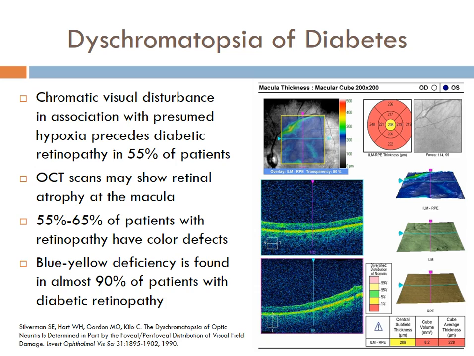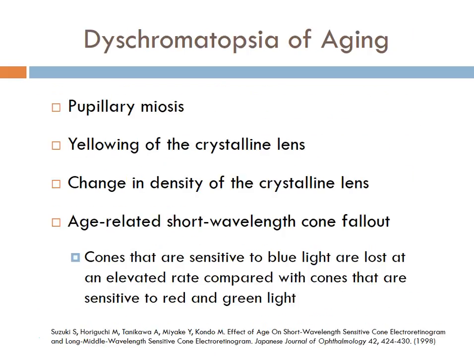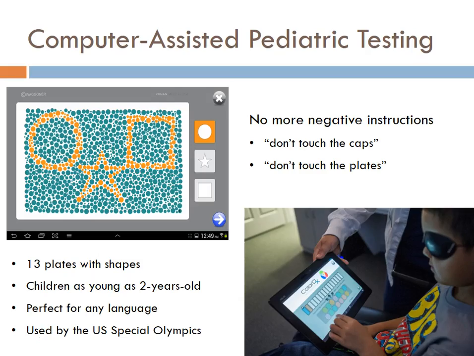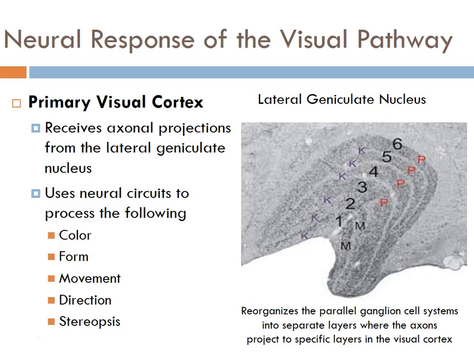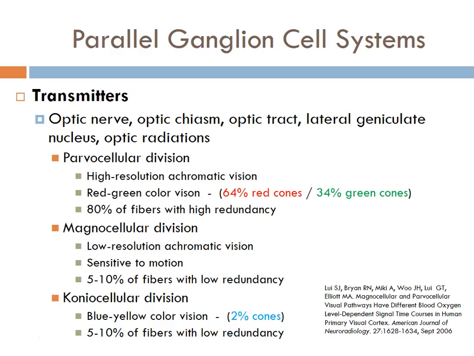And we just talked about why. Because of the low redundancy of the blue-yellow pathway right here. See, only 2% of the cones are transmitting blue-yellow vision. So only 2% of the fibers in the neural pathways are transmitting this vision. If they get diabetes or glaucoma, any other stuff, it kills the blue-yellow color vision so quick.